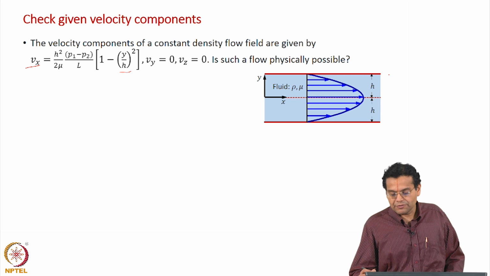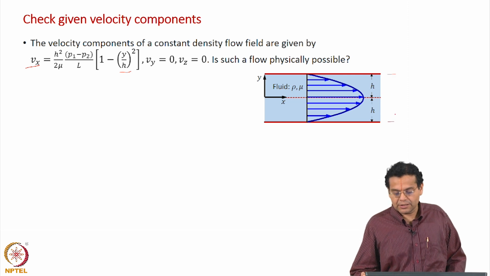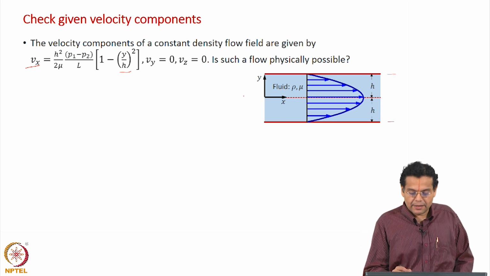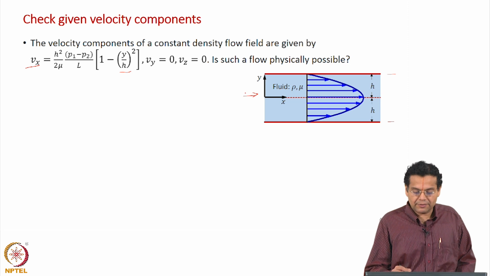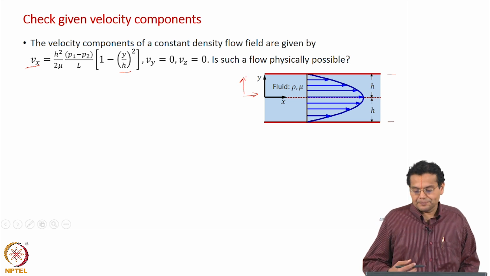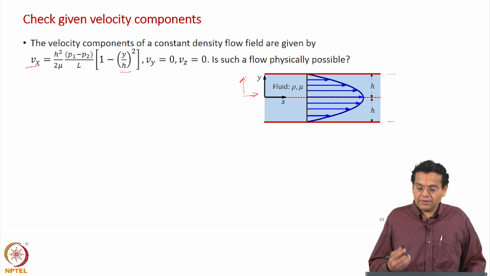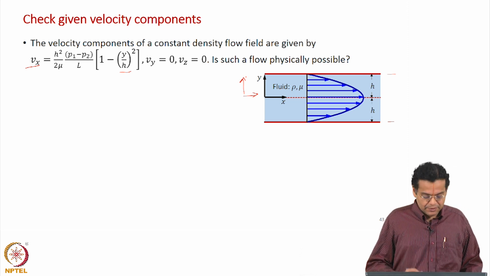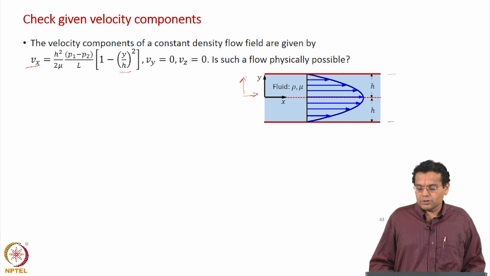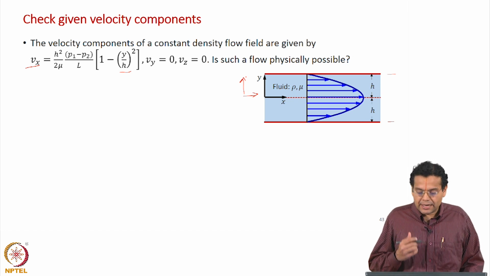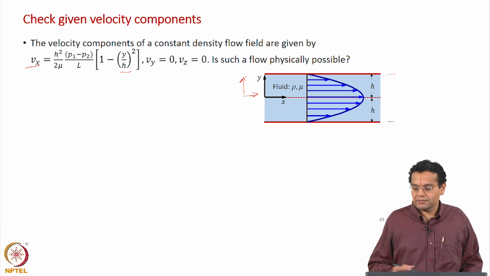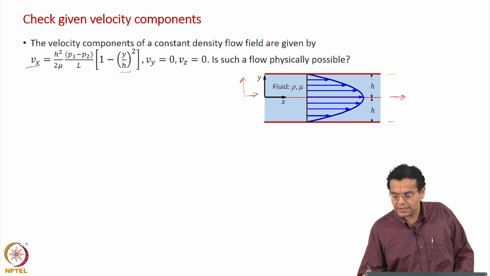The configuration is shown here: the horizontal axis is x, the vertical axis is y. So the velocity in the x direction varies along the y direction, which we also call the lateral direction. Flow takes place in the x direction, and the variation is in the y direction.